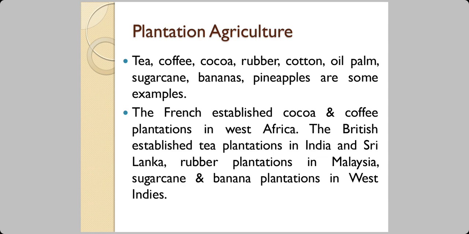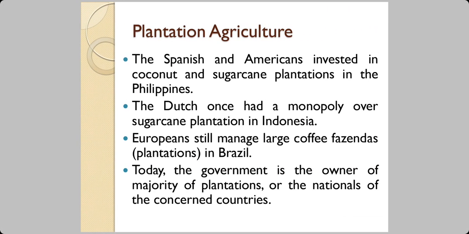These are some examples. The French established cocoa and coffee plantations in West Africa. The British did it for tea in India and Sri Lanka, for rubber in Malaysia, and for sugarcane and banana in the West Indies. The Spanish and Americans did that with coconut and sugarcane in the Philippines.